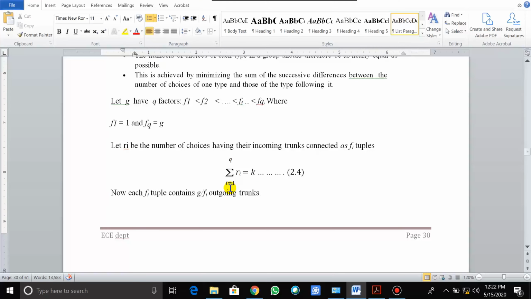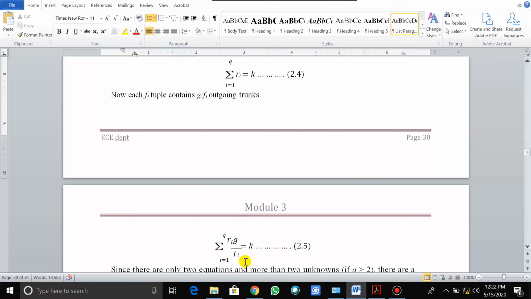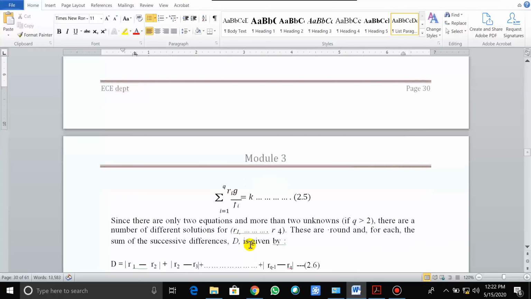Therefore, the summation of i varies from 1 to q, R of i is equal to K. Now, if an f of i tuple contains G divided by f of i outgoing trunks, then the summation of i varies from 1 to q, R of i into G divided by f of i, is equal to N.